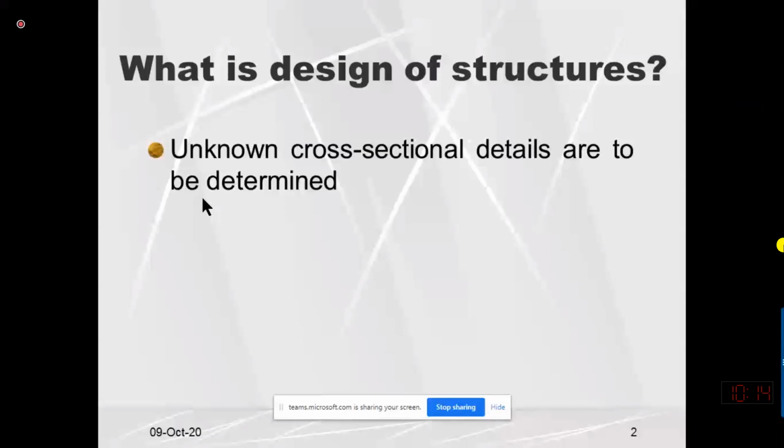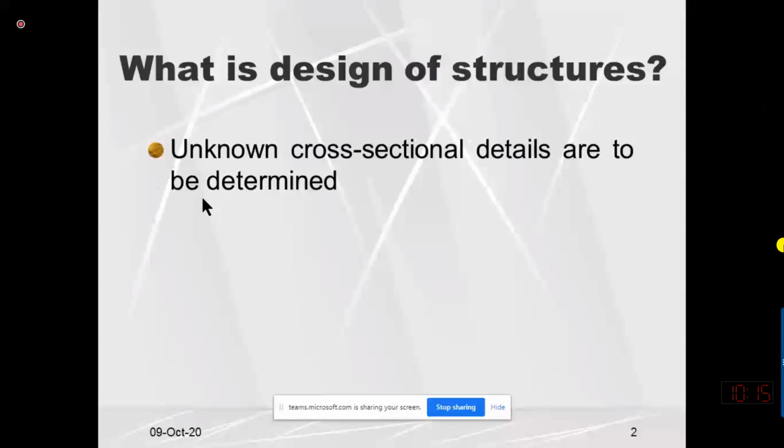Okay, here, in design, we have some given data and some unknown data. In design of structure, we have certain information with us. Number one, we are provided with the architectural drawing, where we are given the size of the building, size of different rooms, ceiling height or the height of each story.